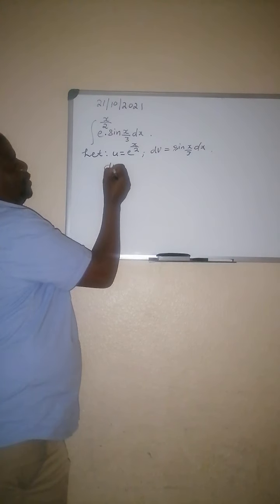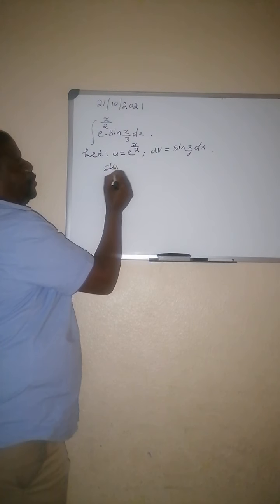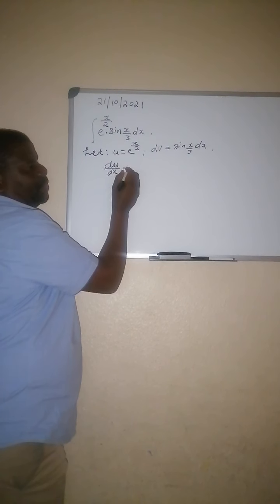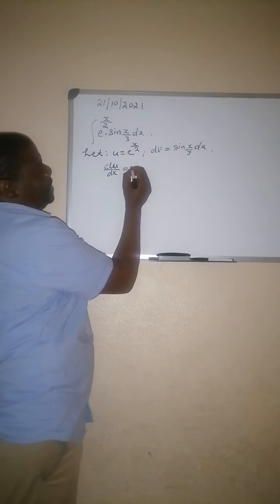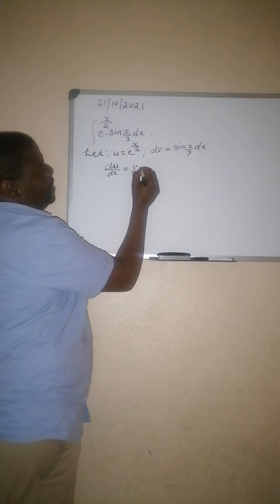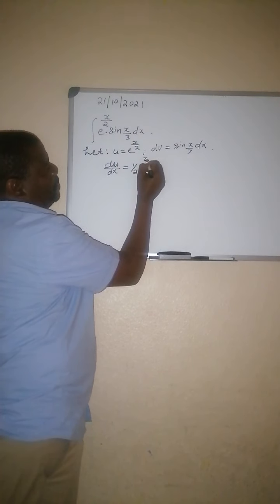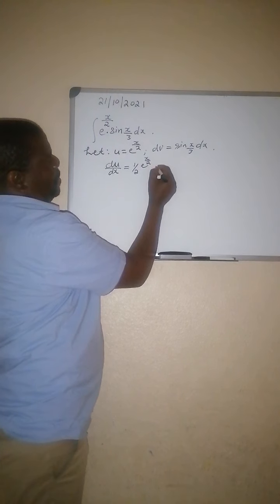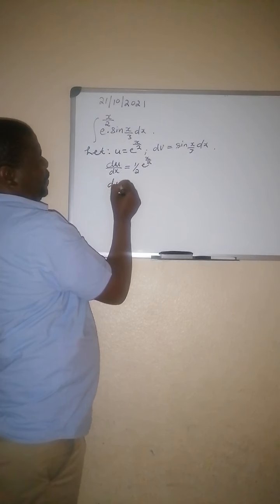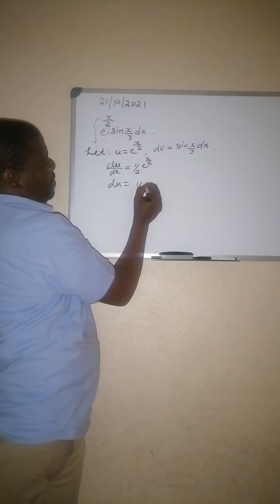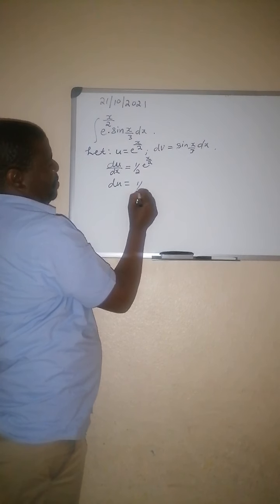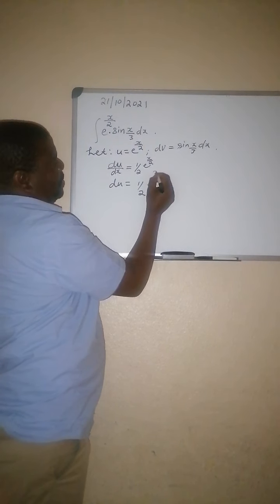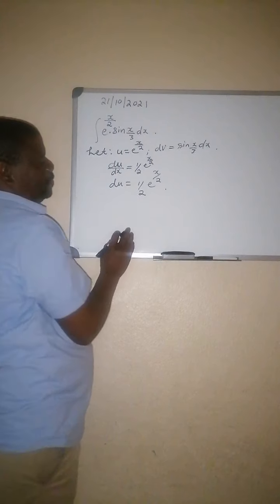Now to the u part, we're going to du dx, which means we're going to differentiate this part, and the differential here is half e to the x over 2, where now the du will be half e to the x over 2.